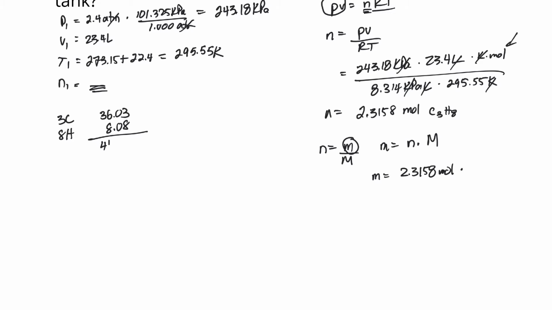So that'll be 44.11 grams per mole. Moles cancel out. So the mass is equal to, I take that number that's in my calculator and I go times 44.11. So in my propane tank, I have 102.15 grams of propane.